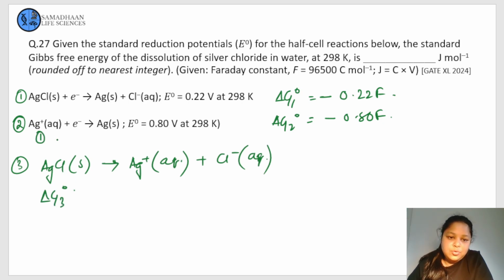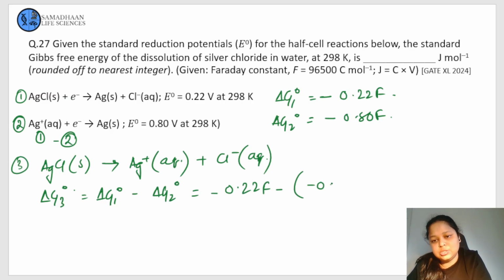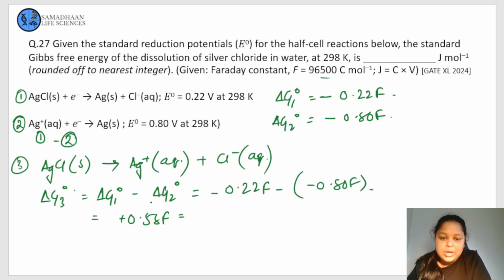Again, if we do reaction 1 minus reaction 2, then Ag solid gets cancelled out and AgCl goes to Ag+ aqueous and Cl minus aqueous we get. So delta G3 is equal to delta G1 minus delta G2. So minus 0.22 F minus, minus 0.80 F, and then we get plus 0.58 into F. Now the F value we have here.